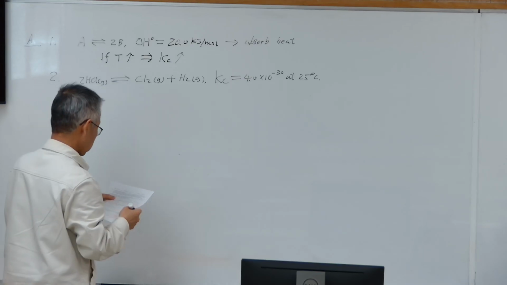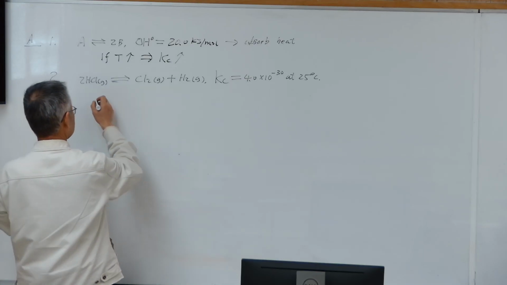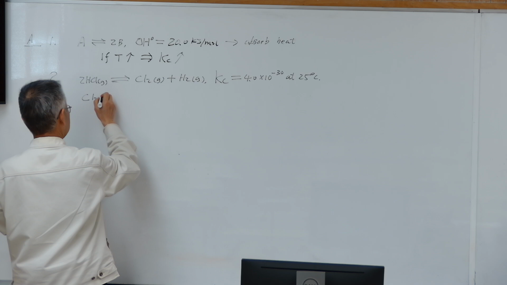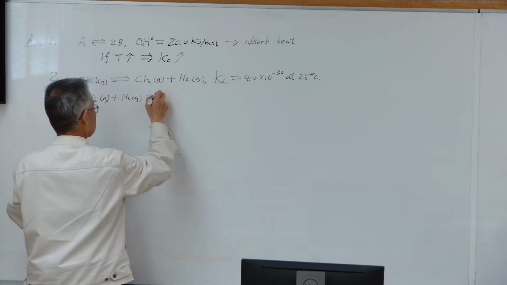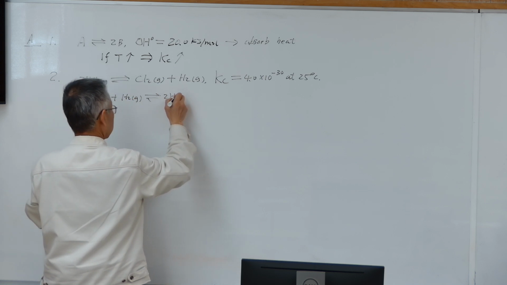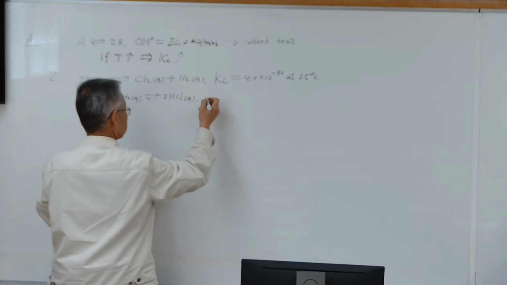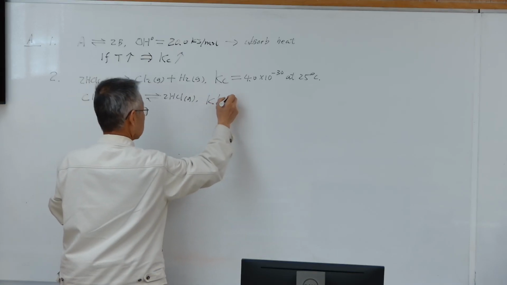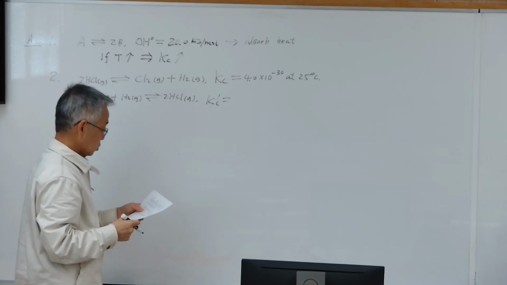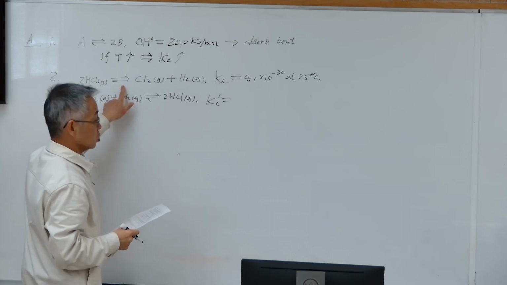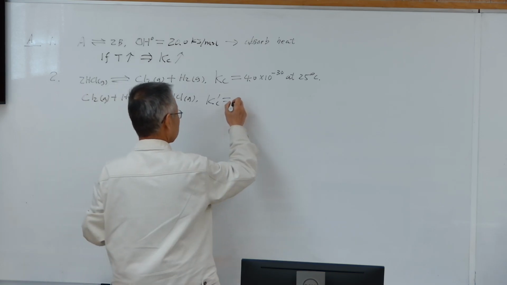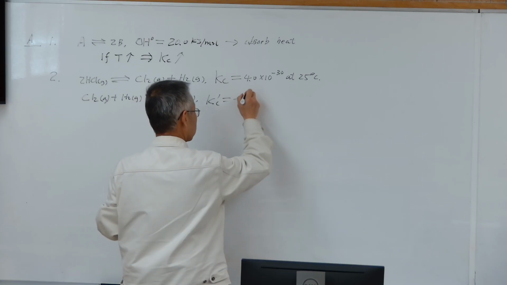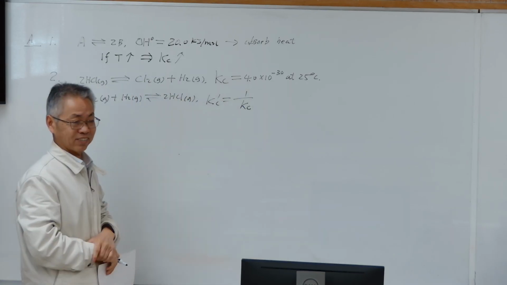It asks what the Kc is for the reverse reaction. So Cl2 reacts with H2 to produce 2 HCl. So this Kc equals what? Clearly this is the reverse reaction of the original reaction. Then this Kc will be the reciprocal of the forward reaction.